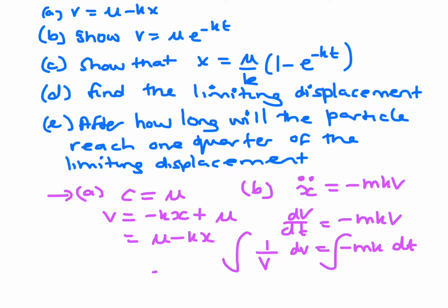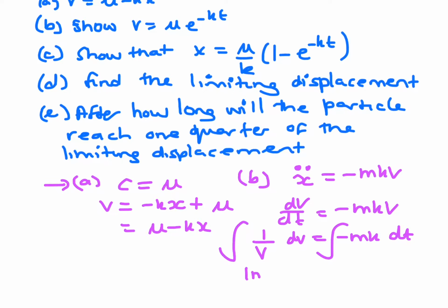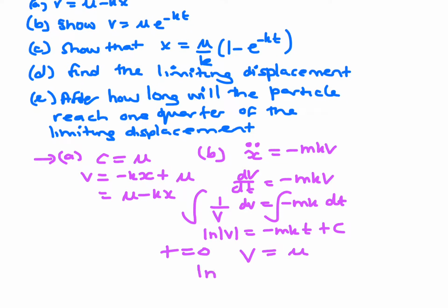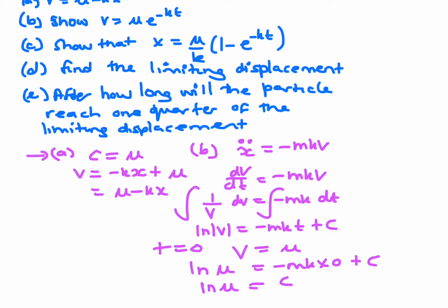So when you integrate both sides here, you get ln of v equals minus kt plus c. So initially, when time equals 0, v is equal to u. So you go ln u equals minus k times 0 plus c. So c is equal to ln of u.